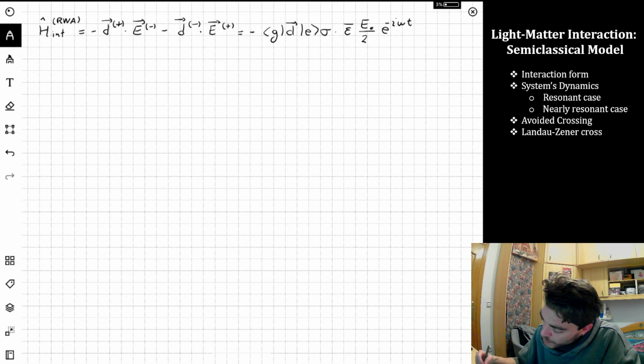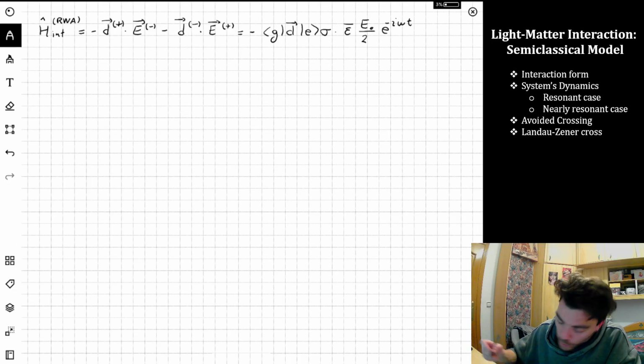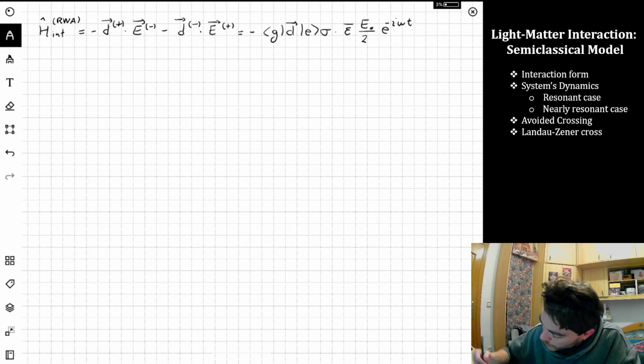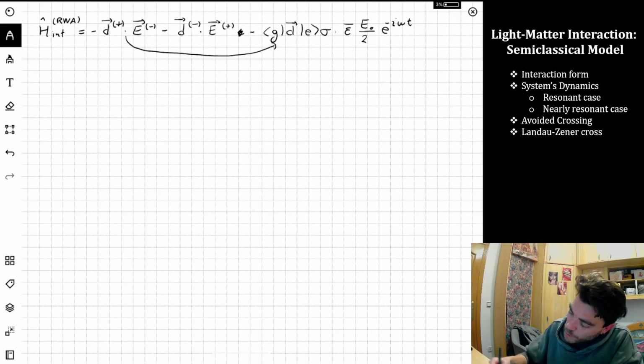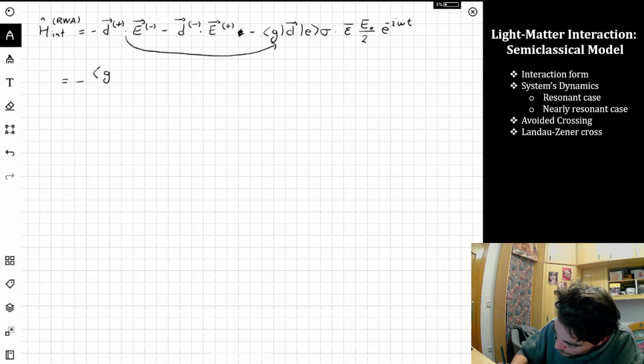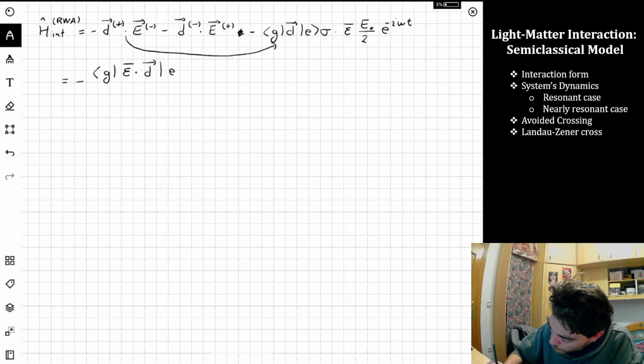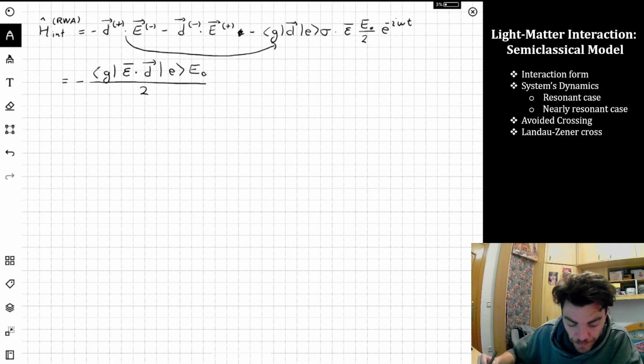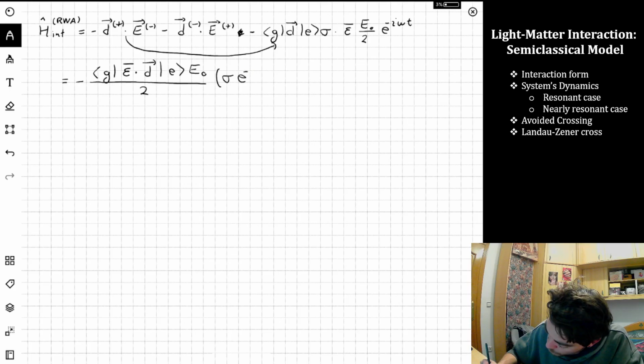Alright. And then we will have something similar for the second one, so that in the end what we find is that this is g, the polarization vector dot product with the atomic dipole moment, E0 divided by 2, sigma minus e to the minus i omega t.